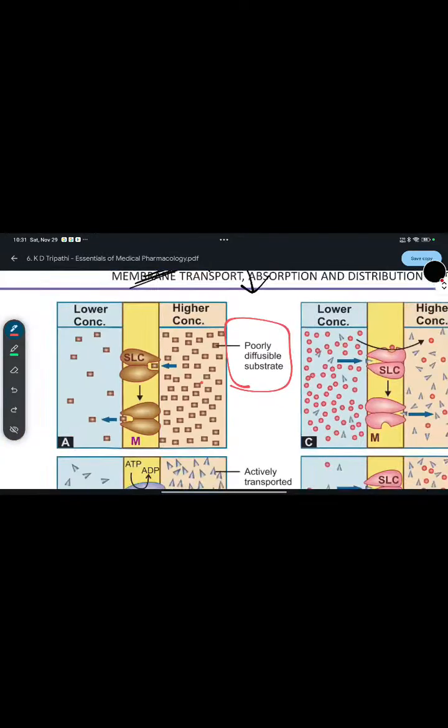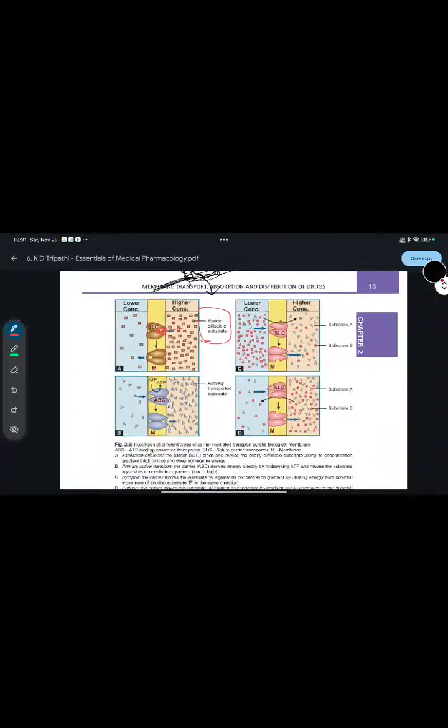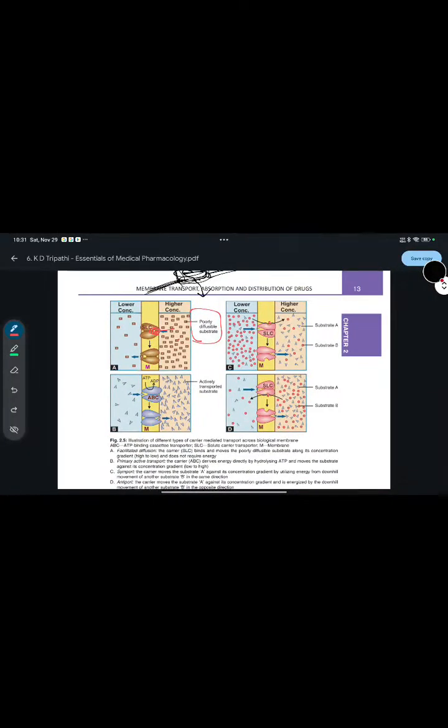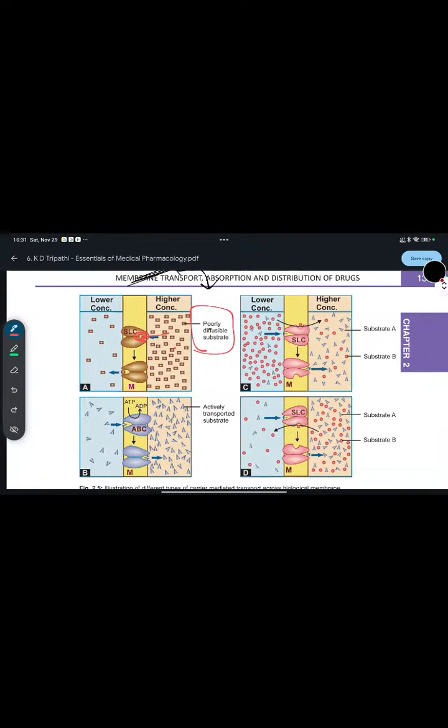They will go and bind to the channel membrane, what it is called, solute carrier transporter. So ultimately carrier transporter. So they will go and bind to the carrier transporter, and again carrier transporter will release on the other side, and it will go back to its original position.